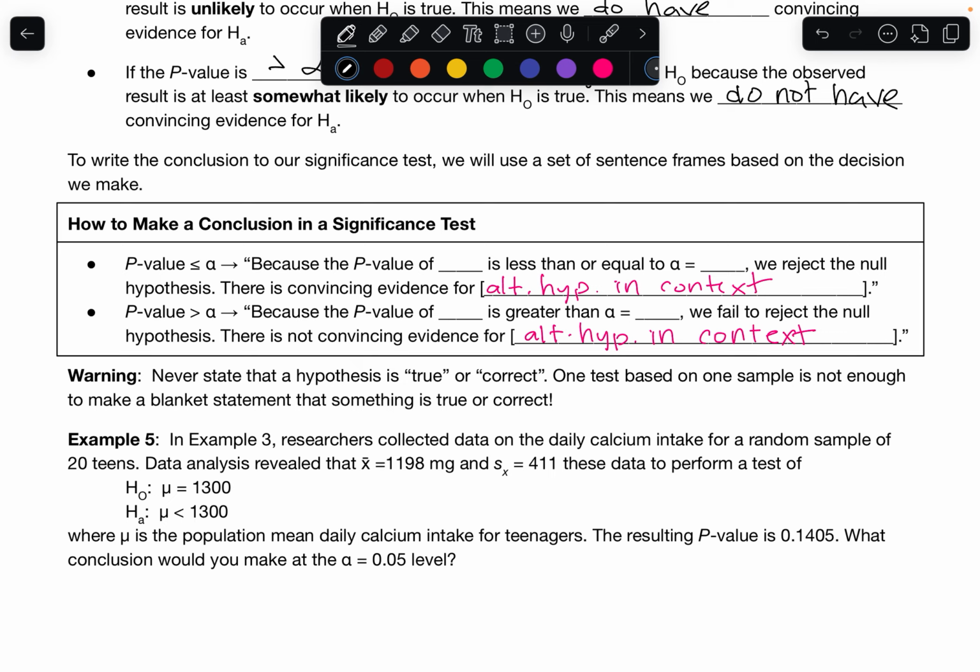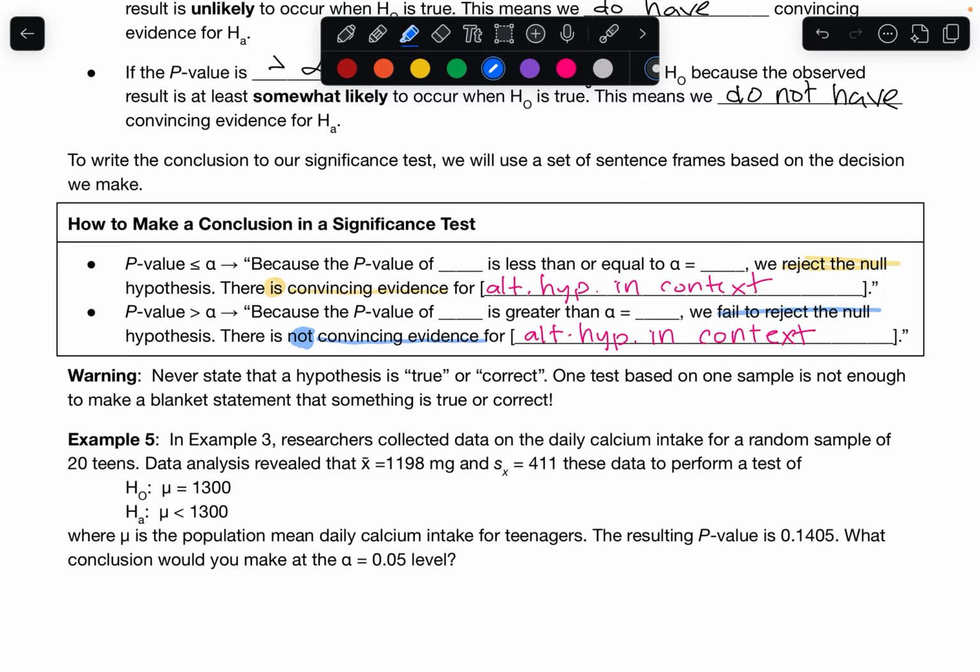So, important to note, reject the null means there is convincing evidence. Failing to reject the null means not convincing evidence.